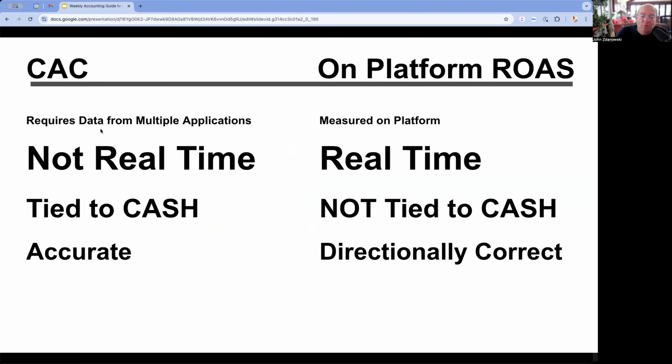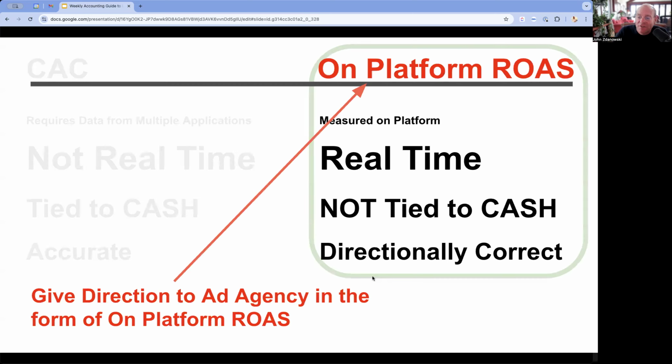Customer acquisition cost requires data from multiple applications, and that makes it not real time, but it is tied to cash and it is accurate. On-platform ROAS, on the other hand, is measured on the platform in real time, but it's not tied to cash, but it is directionally correct. So when giving advice and limits to your ad agency, you should give them direction based on the on-platform ROAS.